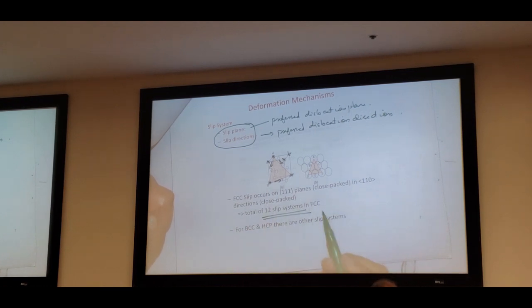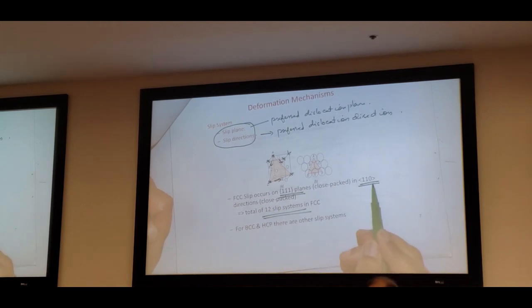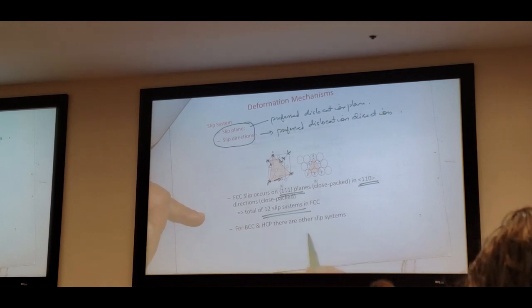So that is 110. That's the reason why it is given as a family of planes. You see, this is the family of 111 planes, and this is the family of 110 directions. So in an FCC system there can be a total of 12 slip systems.